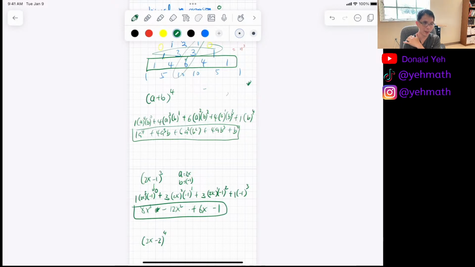It probably takes about 7 to 8 minutes, and hopefully it doesn't make mistakes. With binomial expansion, you can probably do it in 2 minutes. So try binomial expansion, a very powerful tool.